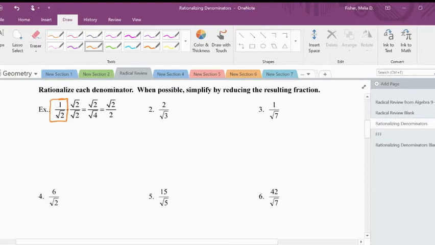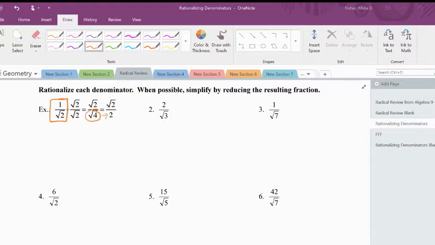If you multiply the square root of 2 on the top and bottom, then you get the square root of 4 on the bottom, and you get the square root of 2 on top. And you can take the square root of 4, which is 2, and so now you have no more radical in your denominator.